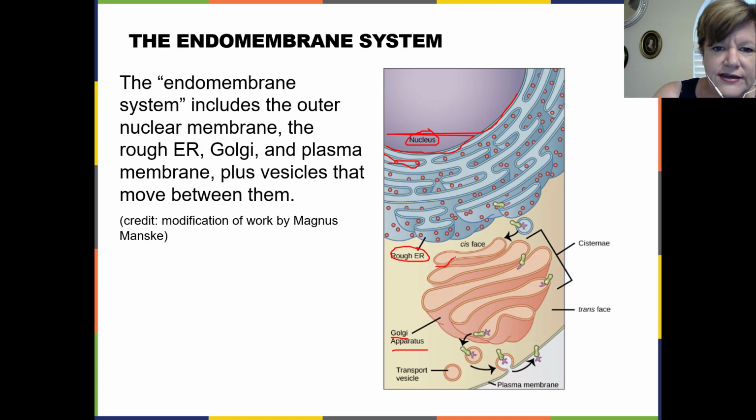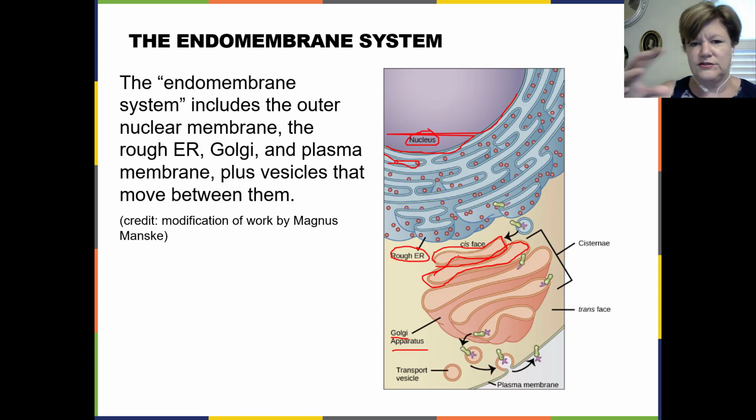It looks like a stack of pita bread. And then in this image, you're seeing sort of a slice through, the way it would look in a transmission electron micrograph. In real life, it's 3 dimensions and you can't see the inside of these compartments, but in this concept, you can see inside.